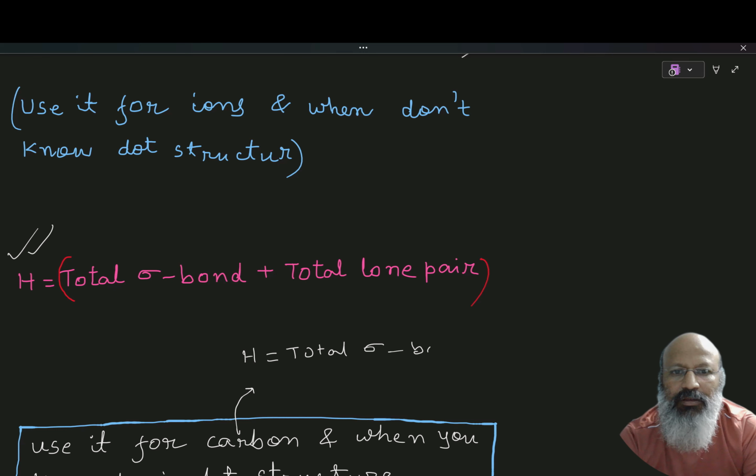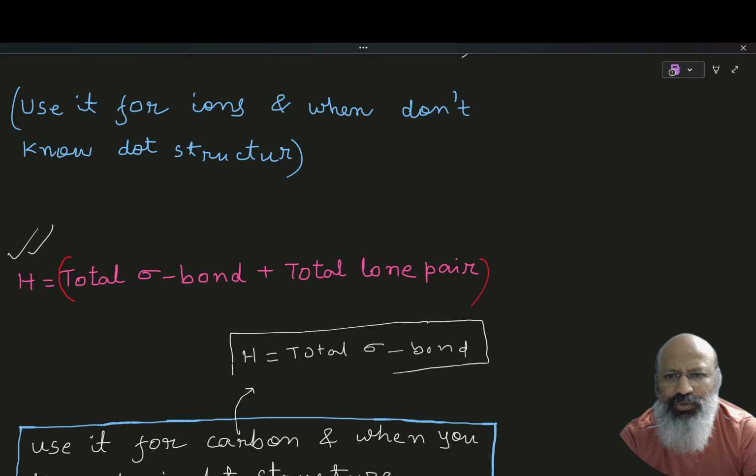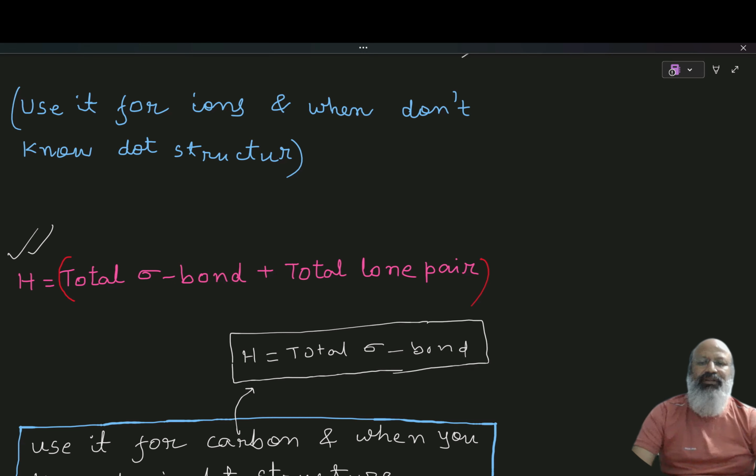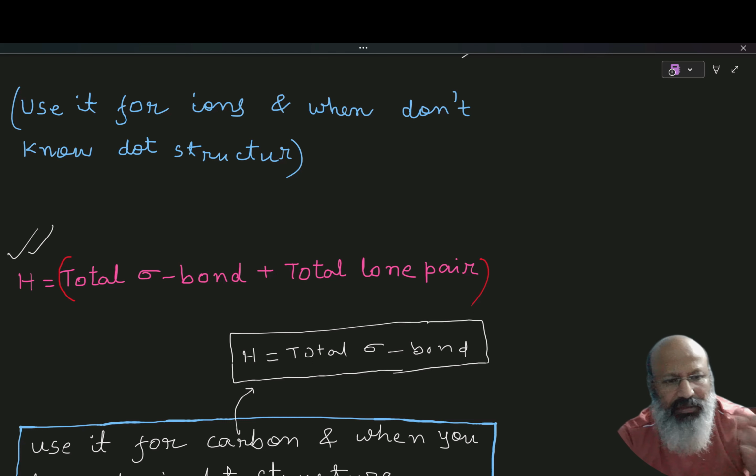Okay, this formula is only for carbon, so this is not a different formula. I am just showing how simple it is to calculate hybridization for carbon. Now we'll go to the application part immediately.